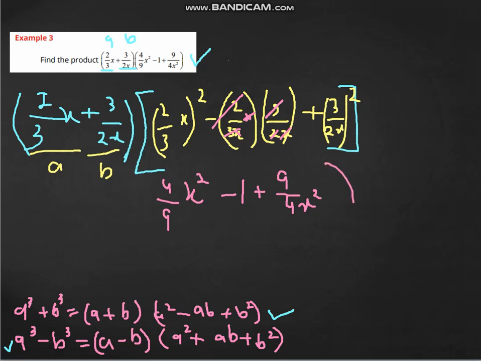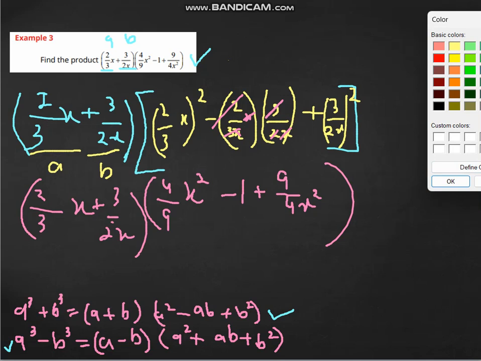Okay, so that makes one bracket, and then 2 upon 3x plus 3 upon 2x. So we just saw that this actually perfectly fits the formula, so we are just going to write it in that form.